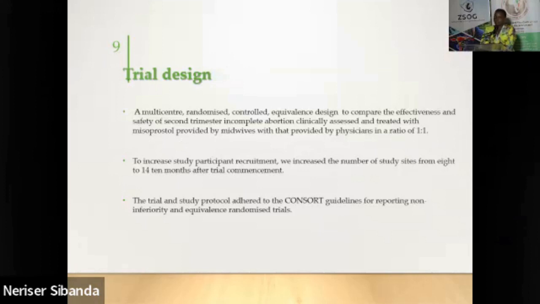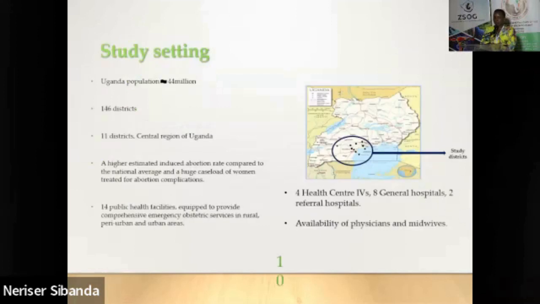So this was a multi-center randomized control clinical trial. The study was done at 14 sites. So we initially started with 8 sites, and then as we noted that accrual was a bit slow, we had to add another 6 sites, making them 14 sites, in 11 districts, central region of the country. Why the central?